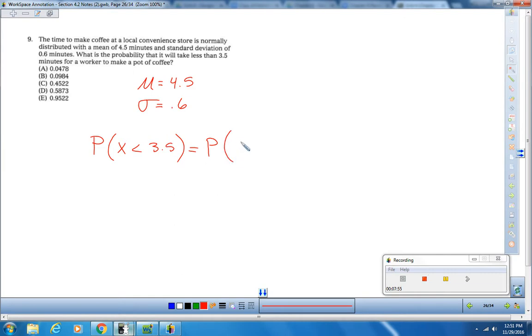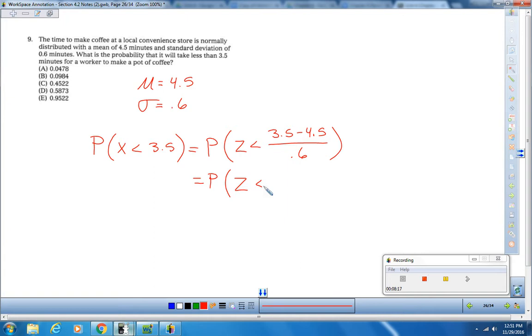That's the probability that z is less than (3.5 minus 4.5) over 0.6. X minus the mean over the standard deviation. Z and x should have the same inequality sign. So z is less than because x is less than. So what is negative 1 divided by 0.6?